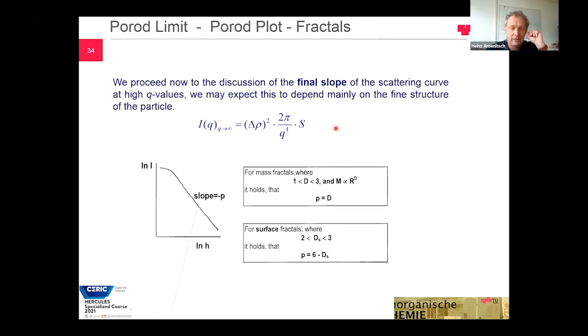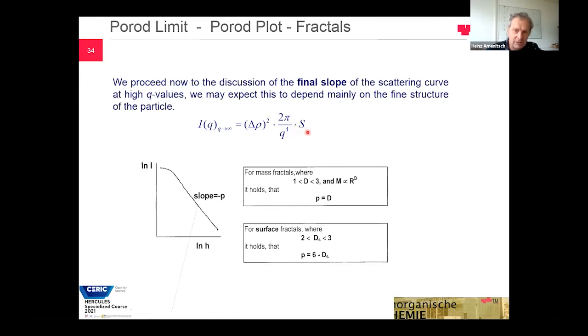If you do the theory correctly, what you get is that this high q slope goes with 1/q to the fourth, and you have a proportionality factor which is related to the electron density contrast, and another factor is the inner surface of your sample.